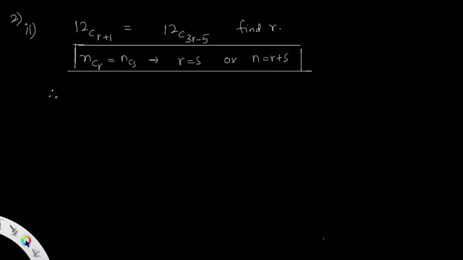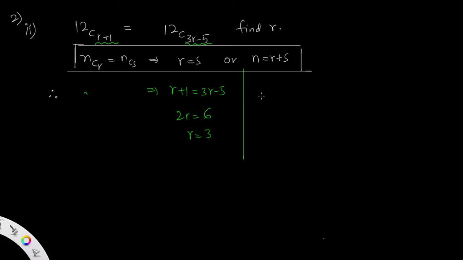Therefore we can write, by this formula, r equals s, so r plus 1 equals 3r minus 5. In the same way, solve: 2r equals 1 plus 5, 6, so 2r equals 6, r equals 3.